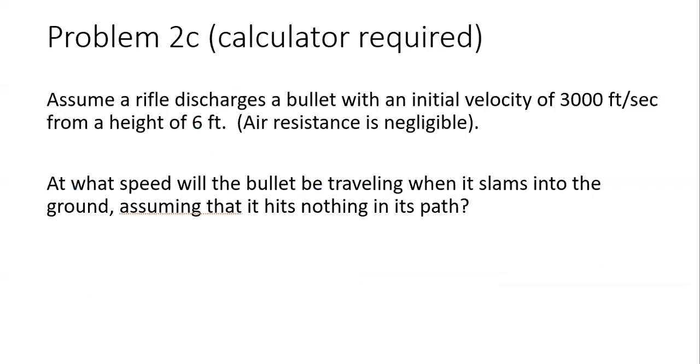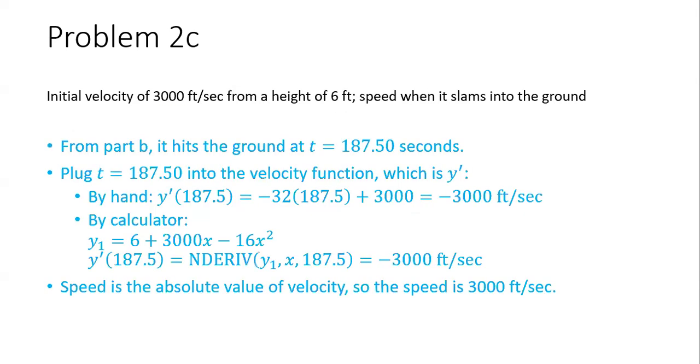Part C, at what speed will the bullet be traveling when it slams into the ground, assuming that it hits nothing in its path? So it's asking for speed, which means we probably need to do something with the velocity. How do we get velocity? It's the first derivative. Okay.